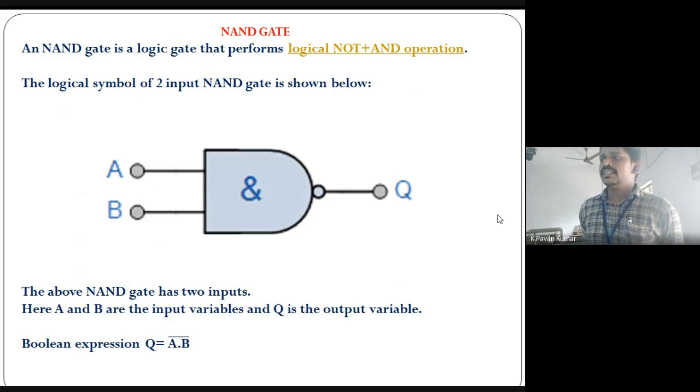In the previous section we discussed AND gate operation A dot B and NOT gate or inverter operation. The combination of NOT gate and AND gate forms a NAND gate. So the Boolean expression of the NAND gate is Q equal to A dot B whole bar.